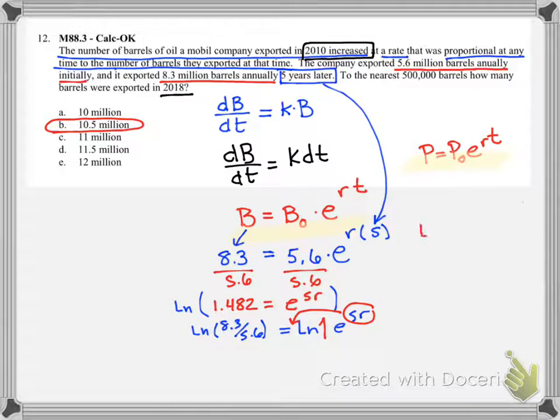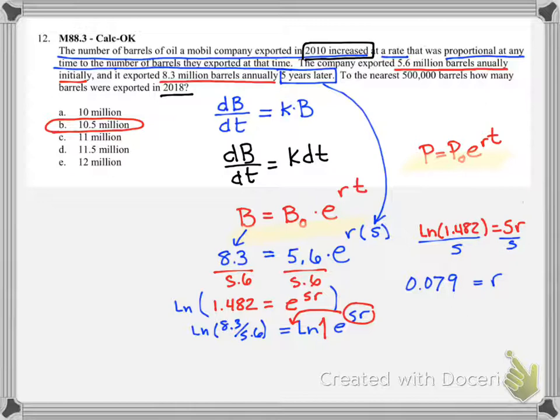So now we're looking at ln of that 1.482, which is a rounded number, equals 5r. We'll divide by 5, and our rate is equal to 0.079. This is also rounded. You could keep it on your calculator exactly.